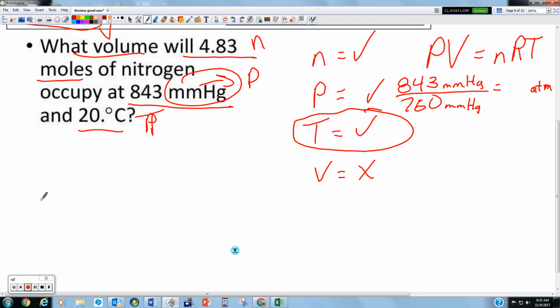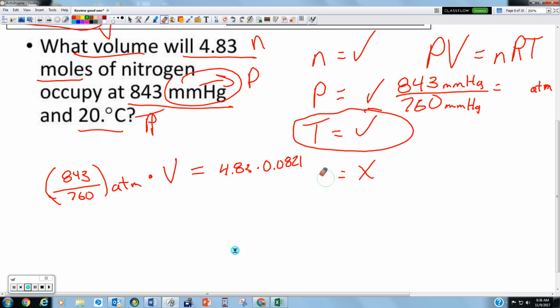So again, to set up my problem, I'll set this one up just so you can kind of see what I did. All right, so for my pressure, I'm going to put in 843 over 760. That's atmospheres. Times my volume, which is what I'm trying to find out, equals my moles, 4.83, times 0.0821. Let me erase that to get that out of my way.